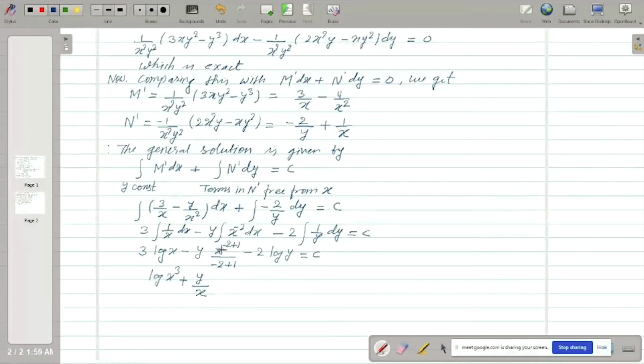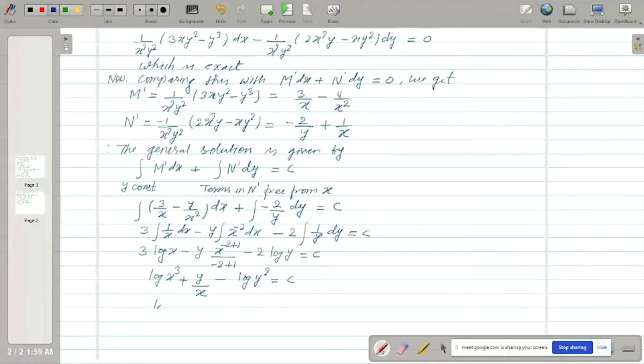Upon x. So this is x raised to minus 1, and here minus plus, that is y upon x. So minus y, log y square equal to c. Now apply the property of logarithm, that log a minus log b can be written as log of a by b.